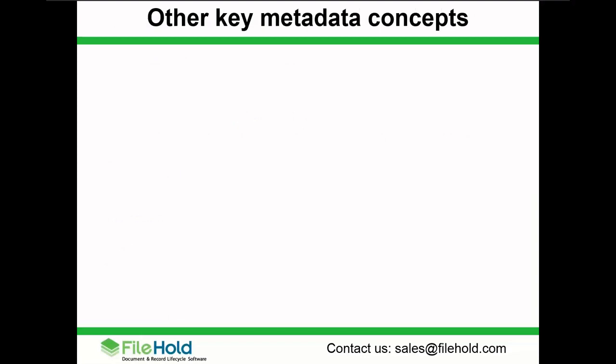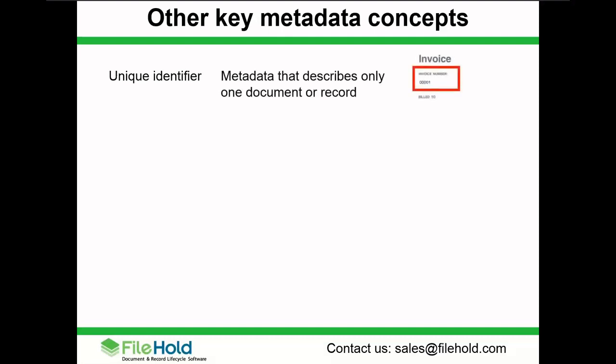So, some other key metadata concepts. I'm just going to introduce some of these quickly. One of them is a unique identifier. I mentioned this earlier. A unique identifier is metadata that describes only one document or record. So it's a unique piece of information that helps me locate that particular item. Now, I've used an example of an invoice number here, and somebody keen might say that invoices might be coming in from other organizations, and there's a chance that two documents could have the same piece of information.